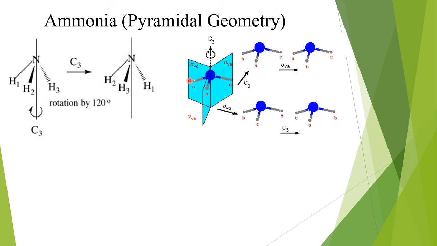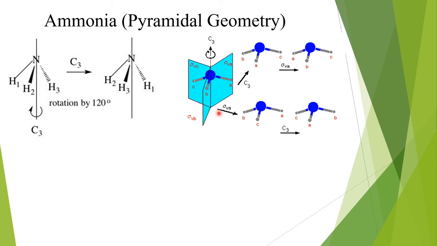Just like I mentioned in the case of acetylene, here the C3 rotation axis is the principal rotation axis, which gives us the maximum number of similar appearances. All these planes are passing through the principal axis.